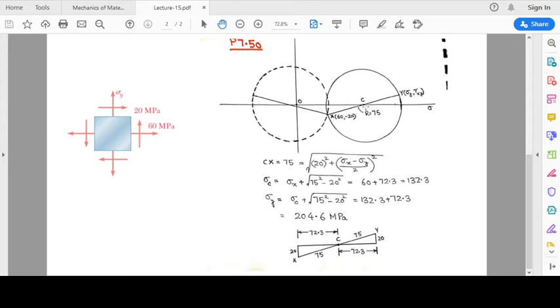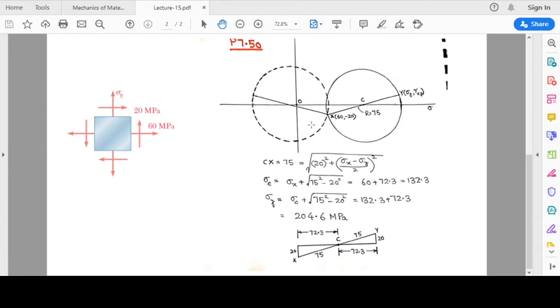Now there are two possibilities in this problem. As you can see, there are two circles plotted. One is the solid circle, the other is shown with a dotted line. Sigma y can be smaller than sigma x, and sigma y can also be larger than sigma x.